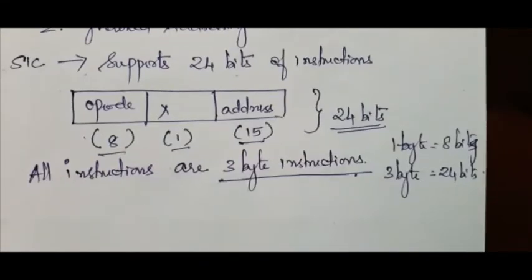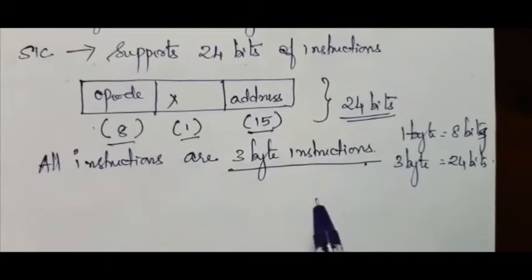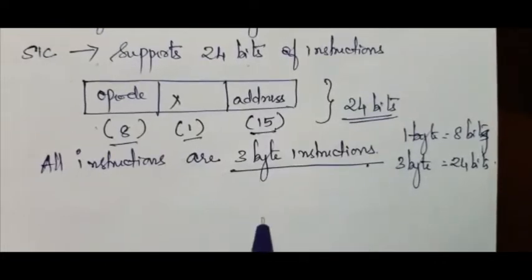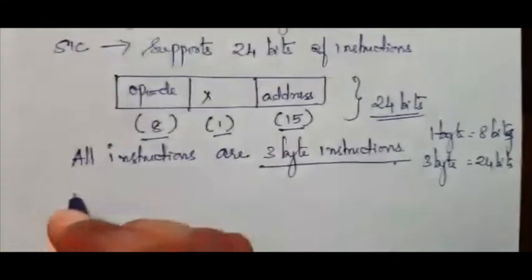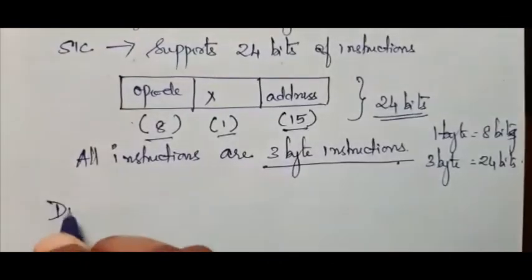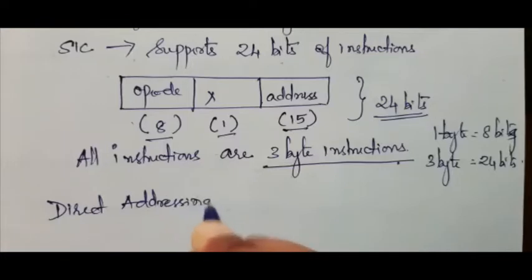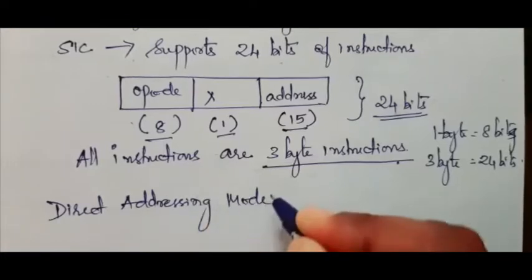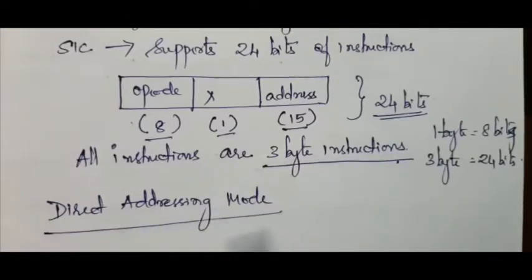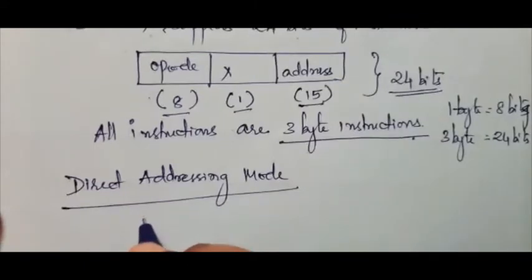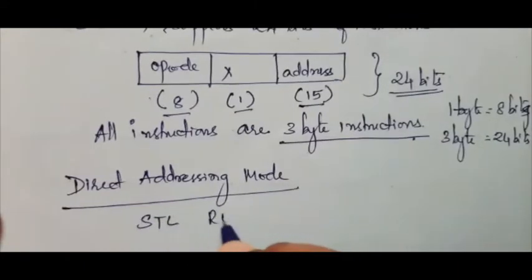Okay, so we'll move to how we identify direct addressing mode and indirect addressing mode in an instruction. When I say direct addressing mode, for example, we say STL return address.